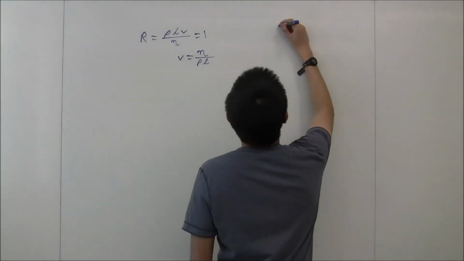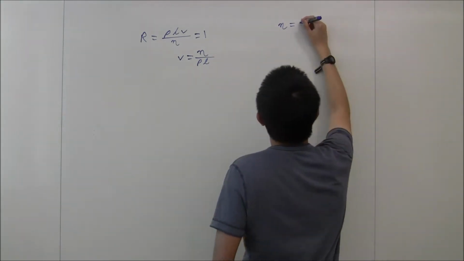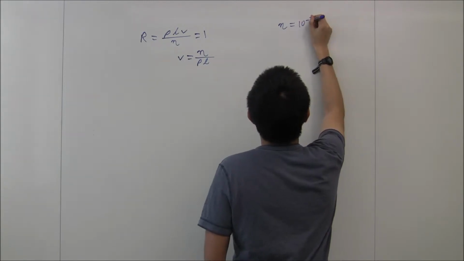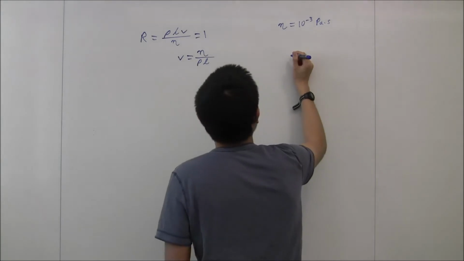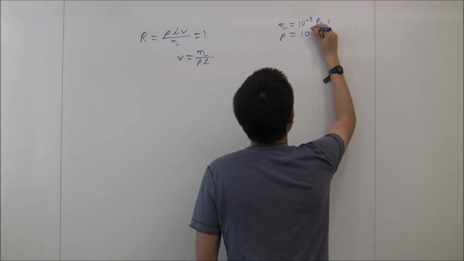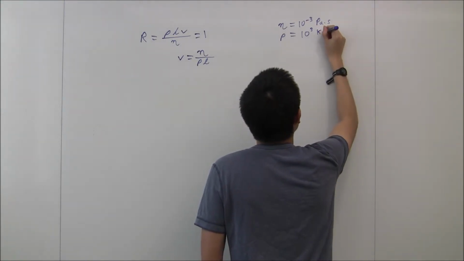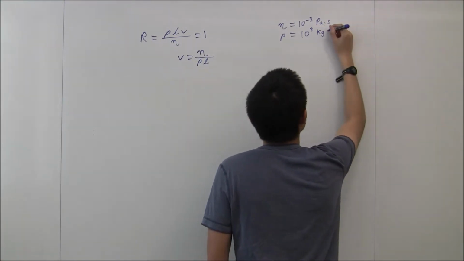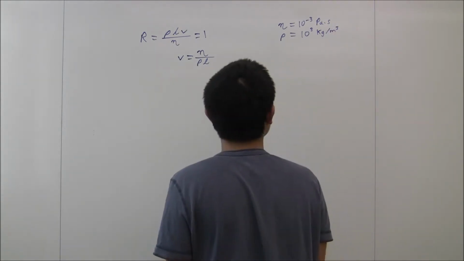Now we know that the viscosity of water is given by 10 to the negative 3 pascals times seconds in the problem. And if you look it up online, the density of water is approximately 10 to the 3 kilograms per meter cubed.